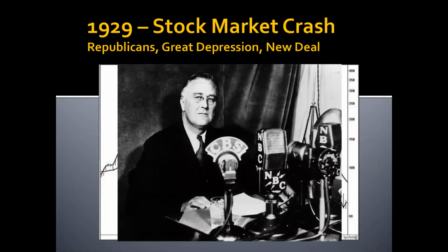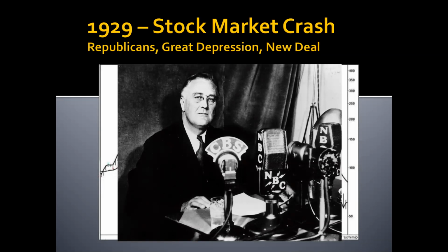And then FDR is elected. Franklin Roosevelt is elected based off of his New Deal program. The New Deal is the creation of federal jobs for American citizens to get them working and to contribute to the economy.